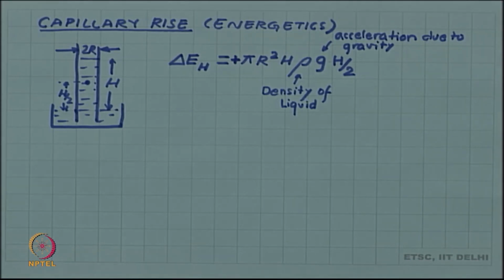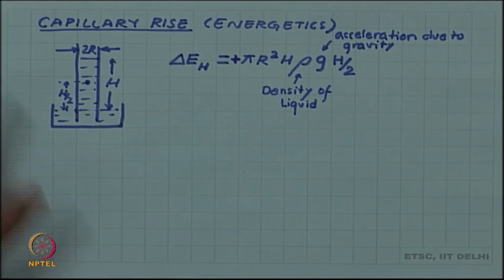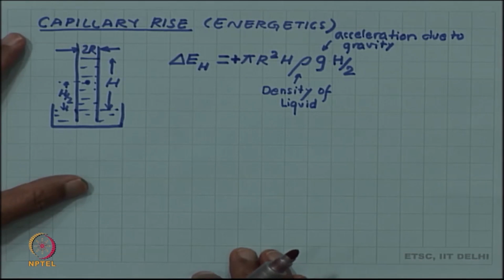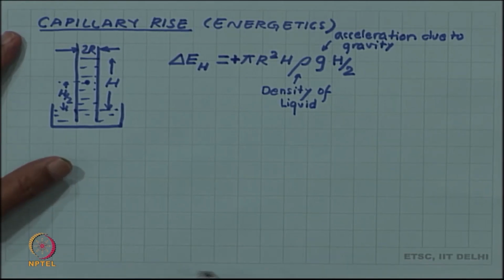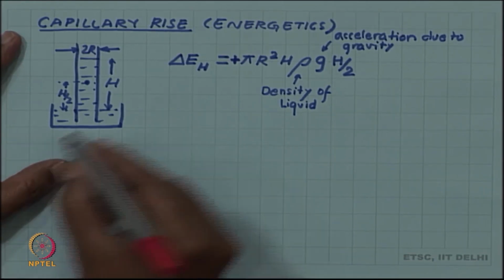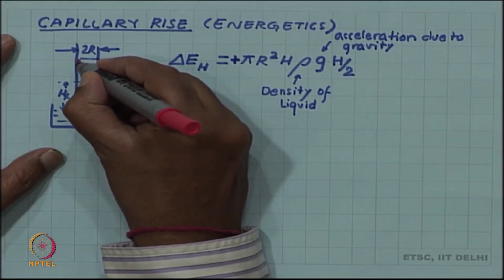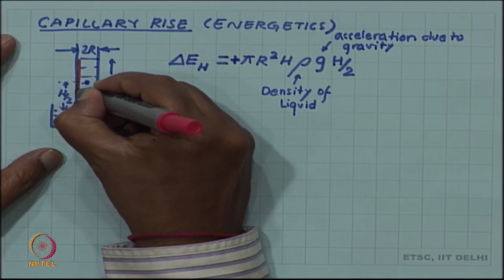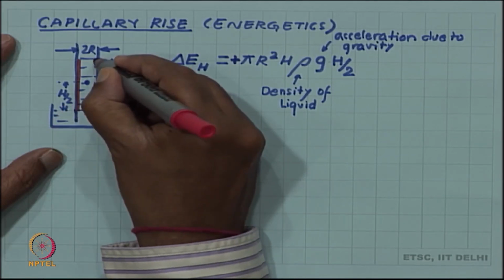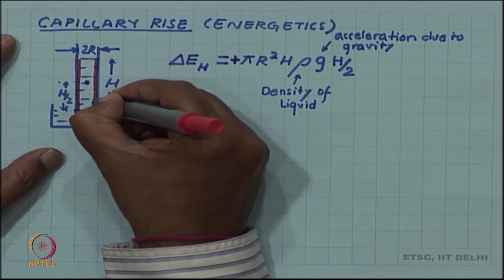So, the question is why will a capillary rise happen if the potential energy of the system is increasing. This cannot be the driving force, the driving force should be some other decreasing term. So, what is decreasing? We can see that there are things happening at the interface or the surface, and we have to take care of that.